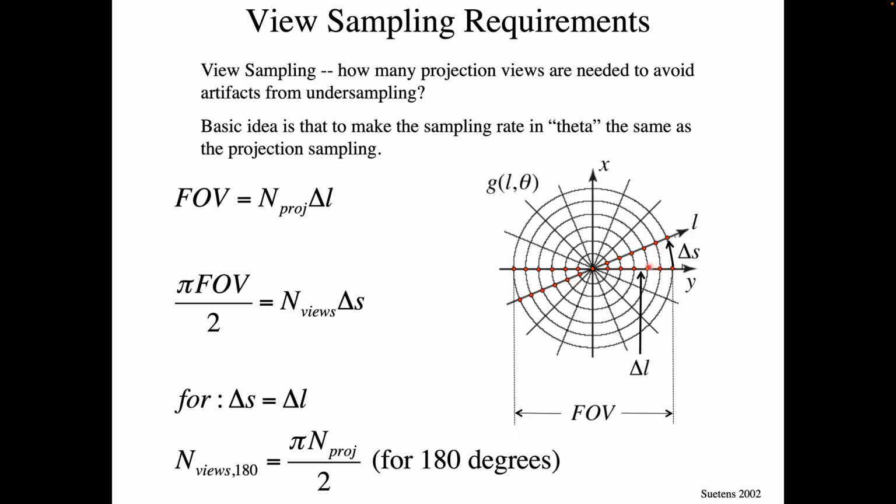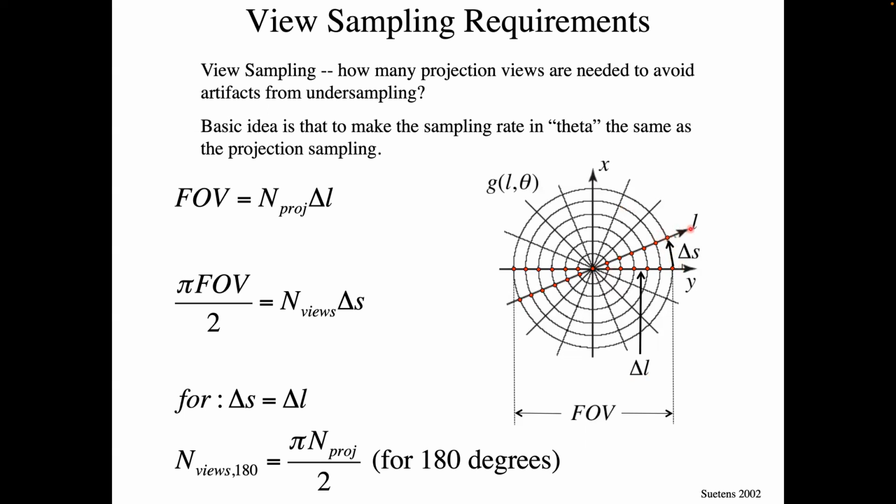As soon as you say, okay, this is my delta L, that tells you the maximum number of spatial frequencies you can measure in the L direction. So if we want to match that in the theta direction, then in this diagram, the distance between this point and this point should actually be delta L. Then moving around in theta, I'm sampling at the same rate that I'm sampling along delta L, and that's a nice matched rate, okay?